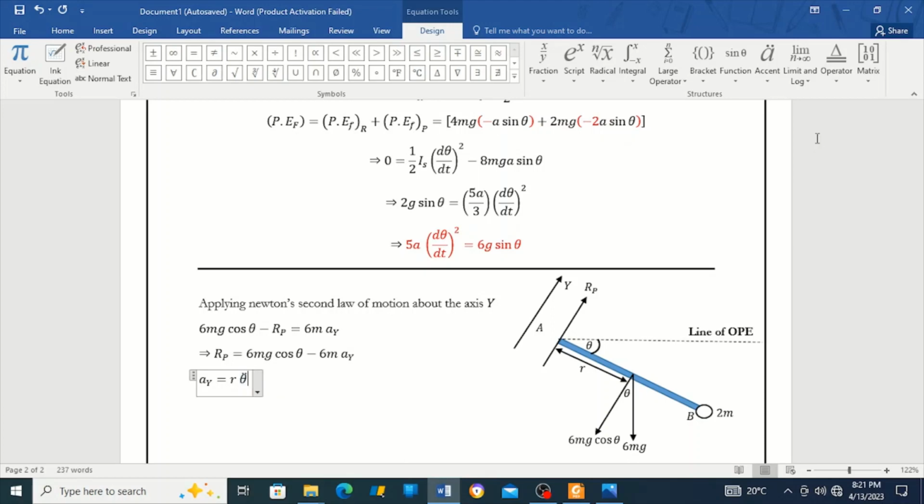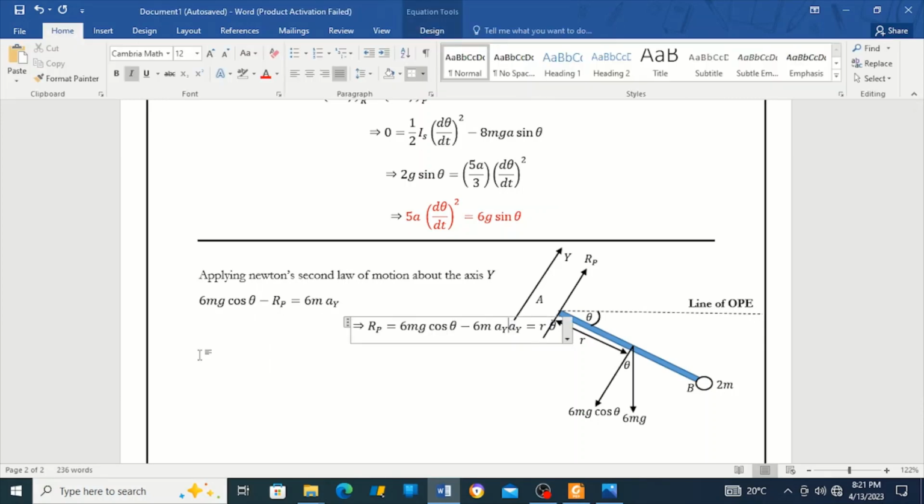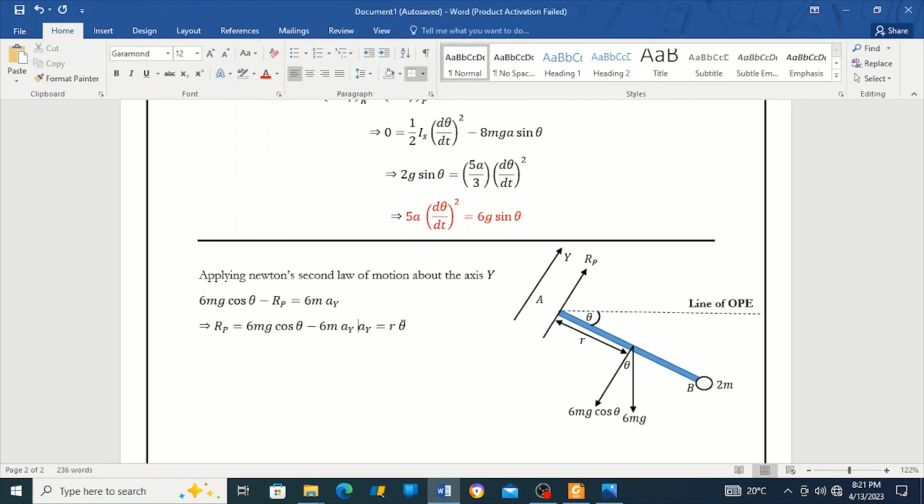So we need to get r and we need to get theta double dot. How do we get r? Let's see how we can do it.